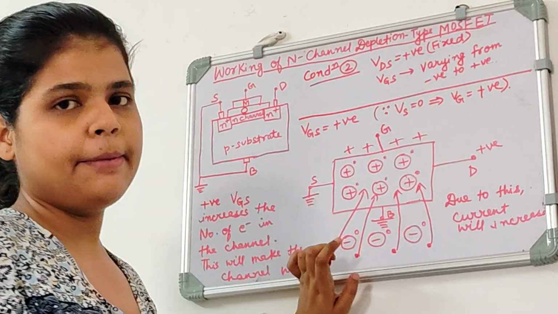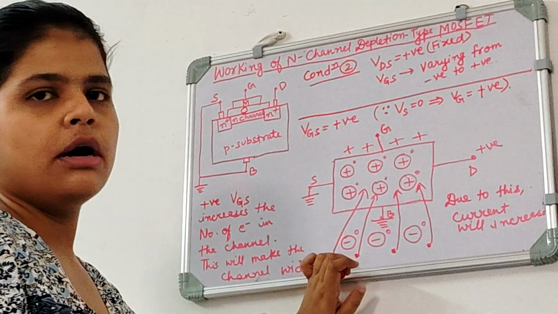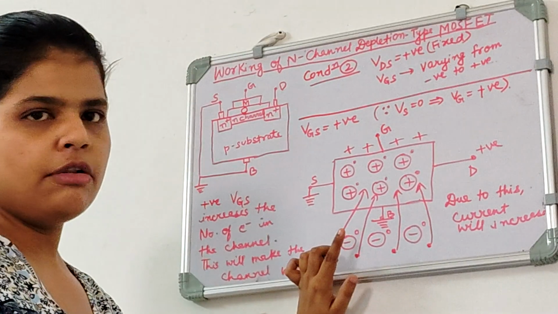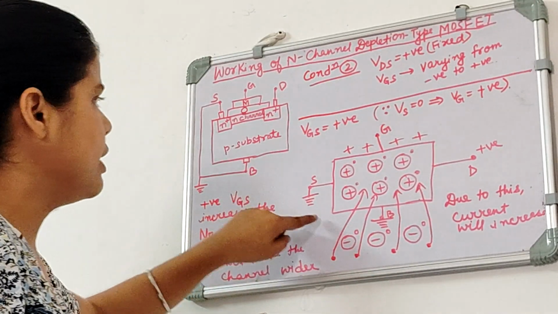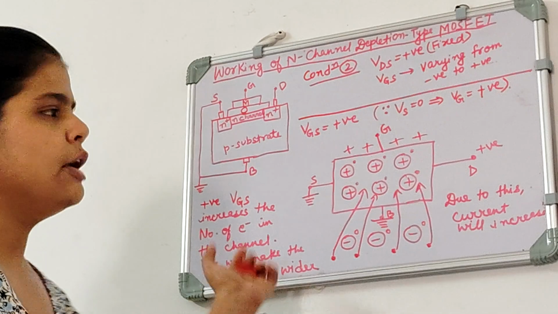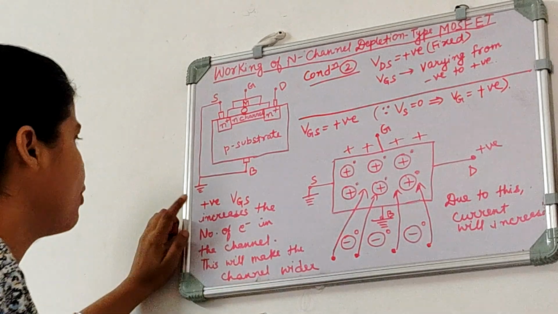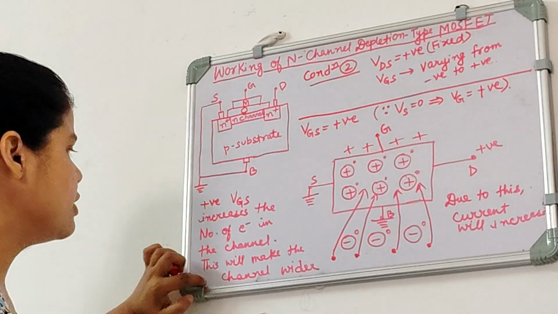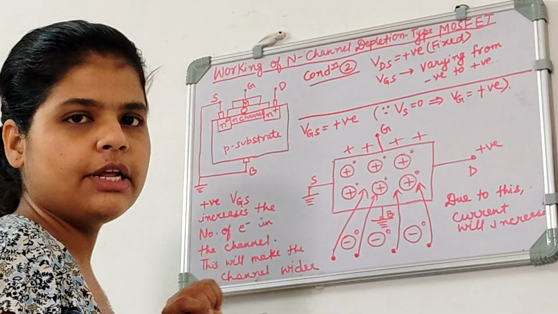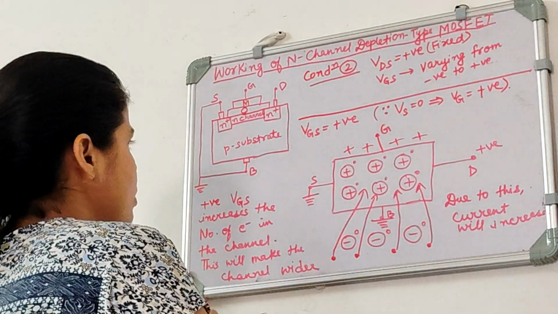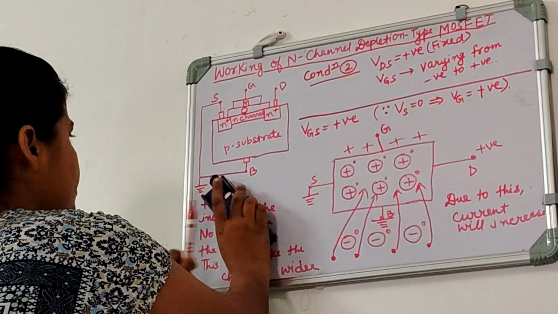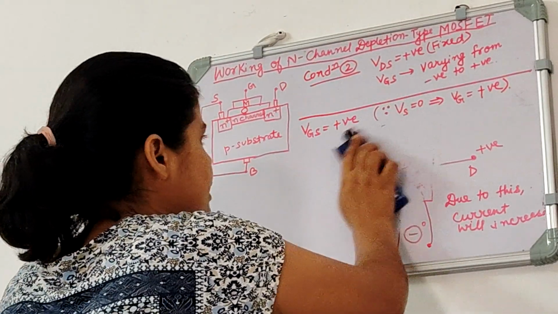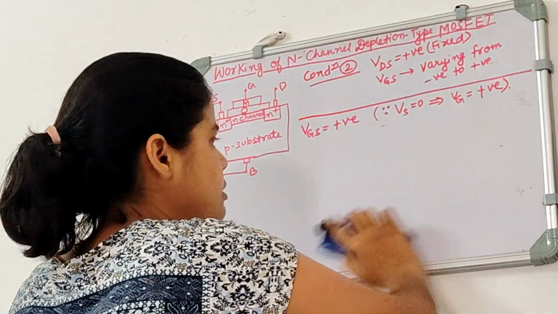Because the channel is like a pipe, like a water pipe. The wider the pipe is, the more water will flow through it. Similarly, the wider the channel is, the more current will flow through it. So positive VGS increases the number of electrons in the channel, and this will make the channel wider, and due to this current will increase. So now we will see some of the curves related to these things.